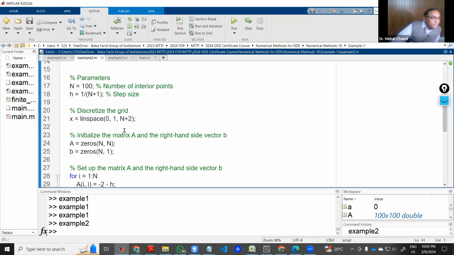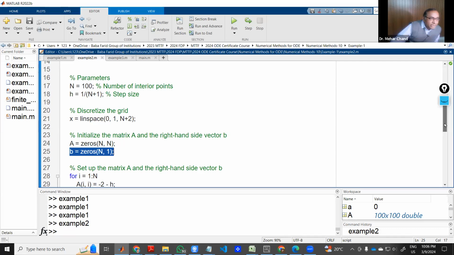Actually, the last point of the X array is n plus 2. The last value of X is at index n plus 2, and for B we have an n by 1 vector.